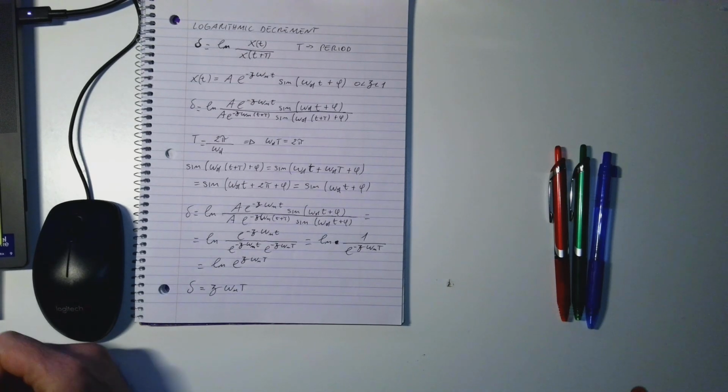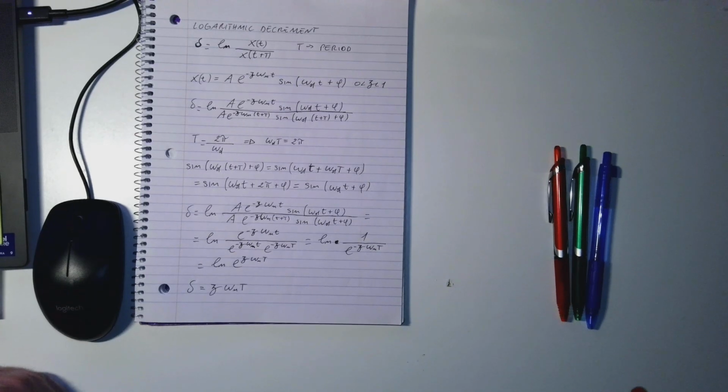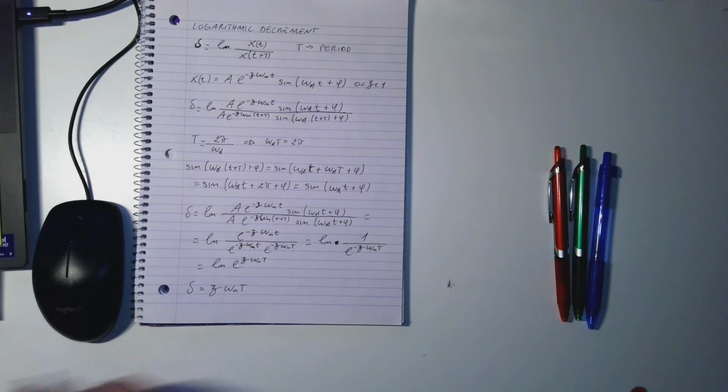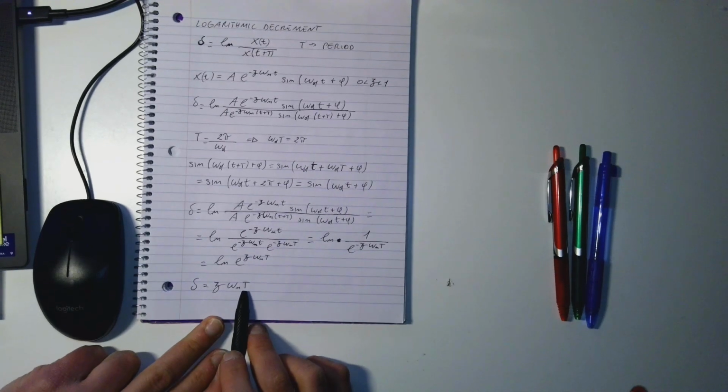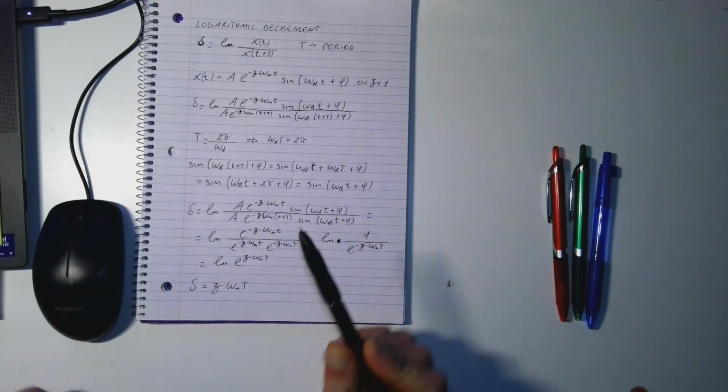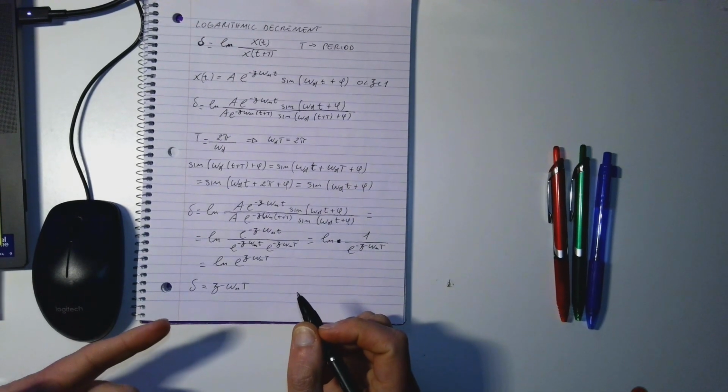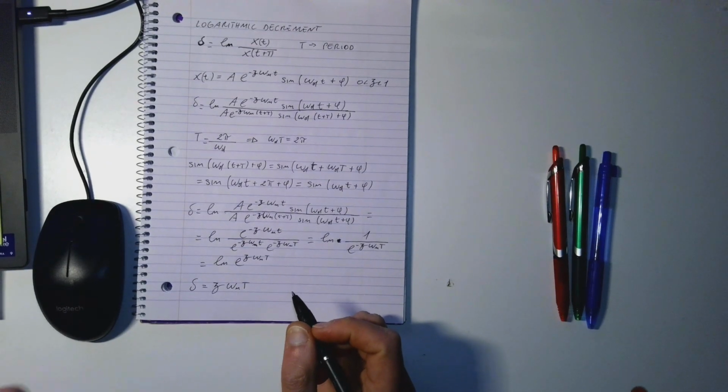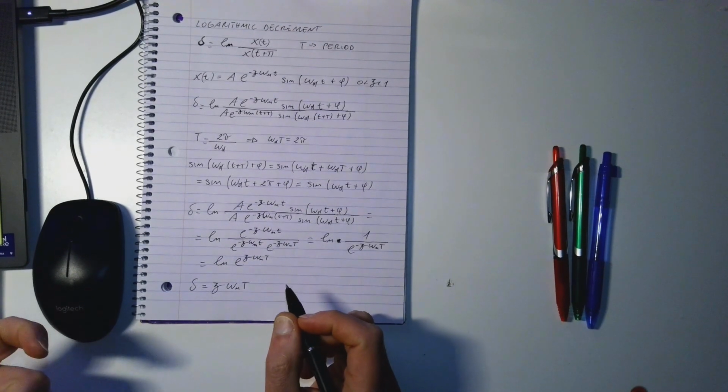So now, in order to make it useful from a typical experimental point of view, we can take the expression of T and write it as a function of zeta, because zeta is the parameter that we are searching for.